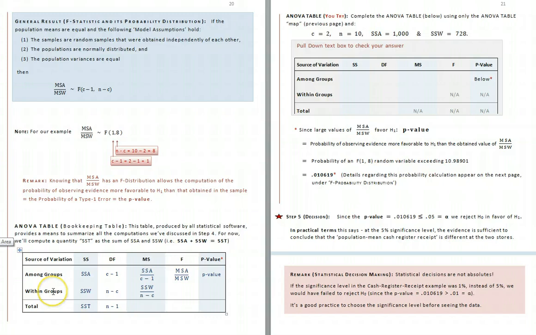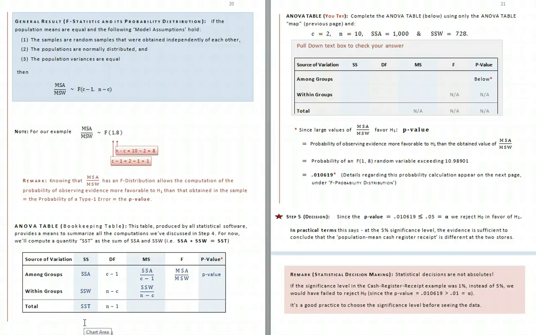Within group variation, our sum of square measure of that is SSW. And our total measure of variation, or if you wish, overall measure of variation, which we'll call SST. We haven't yet talked about SST, so for now we'll consider it as simply the sum of SSA and SSW.